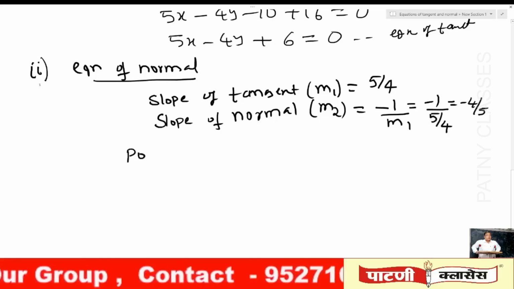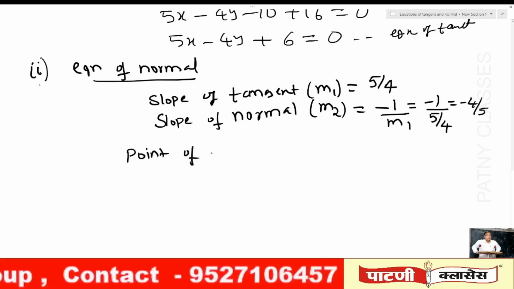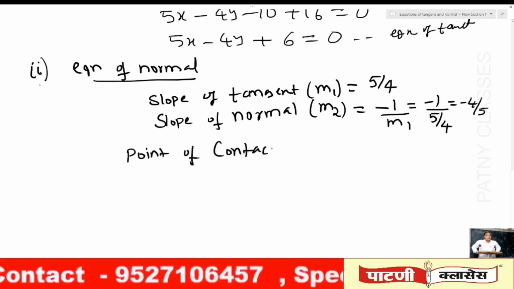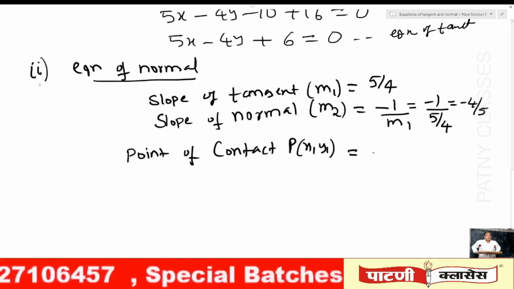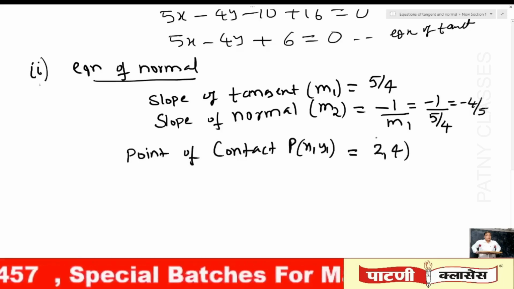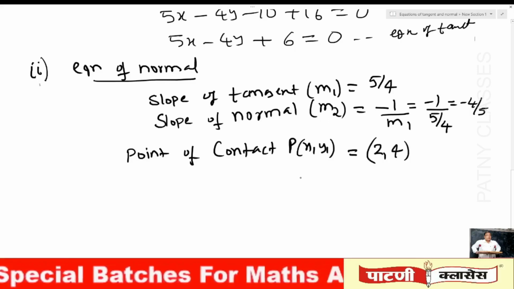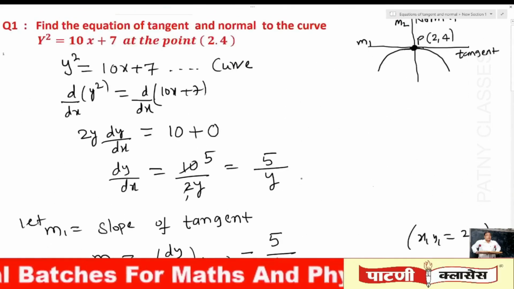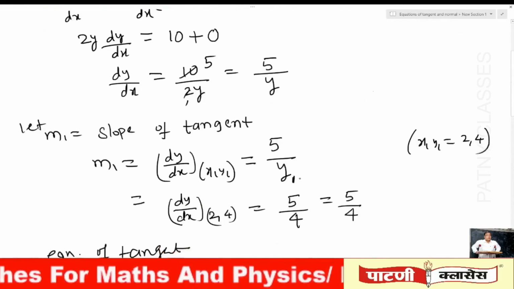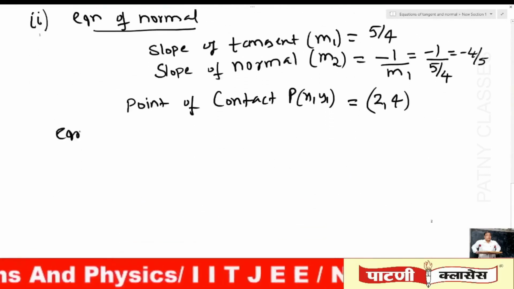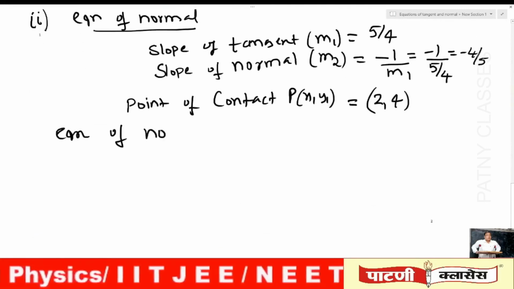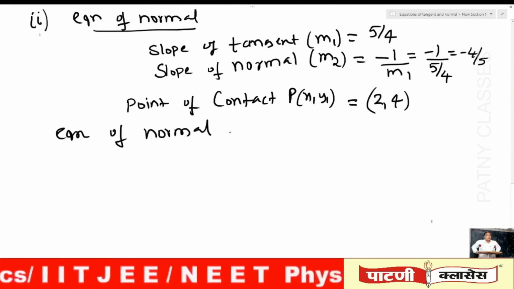And the point of contact we are already having: x1, y1 equals 2 comma 4. So now the equation of normal. Again the same formula, the idea remains the same.